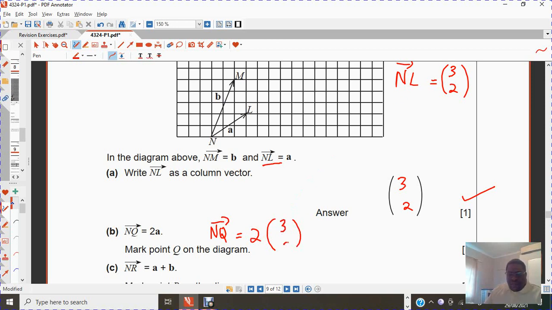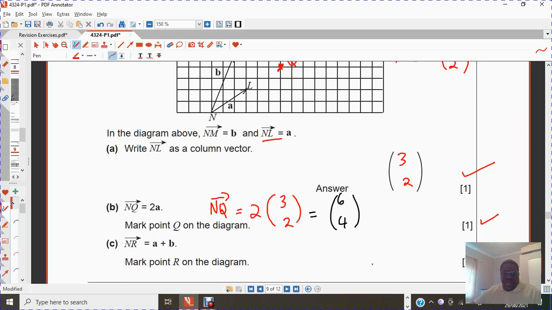NL was 3, 2. So therefore, I can calculate it by saying it's going to be 6, 4. Good. And now I can find my point, 6, 4 from N to Q. So it will be 6 units across in the x direction, 1, 2, 3, 4, 5, 6, and 4 units up, 1, 2, 3, 4 units up. And they say mark that point, and that is the point Q on the diagram.